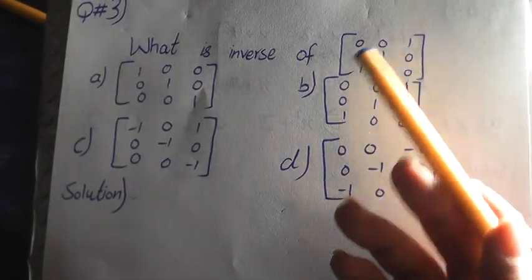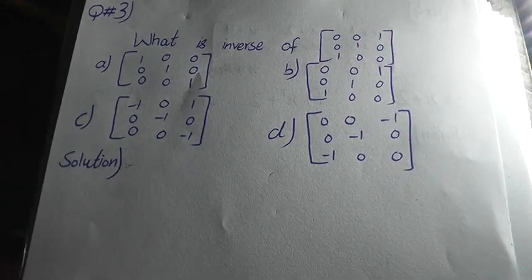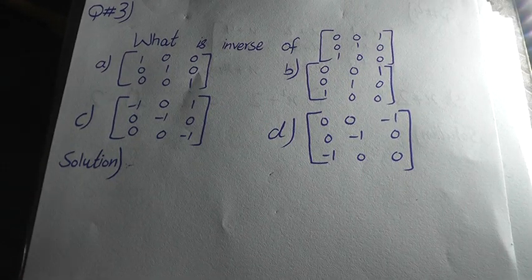We have to find the inverse of this matrix. By the traditional method, you may take 1 or 2 minutes, but here you can see a very short trick in a few seconds.